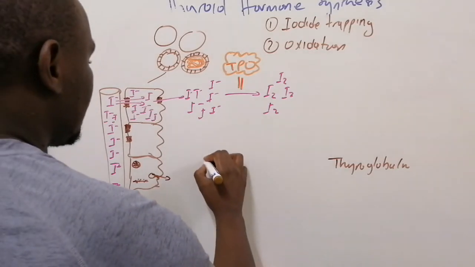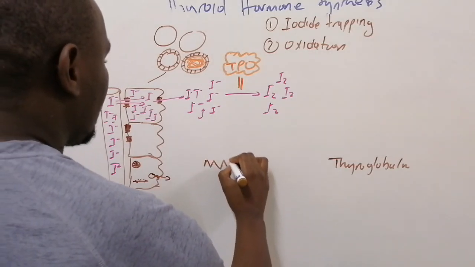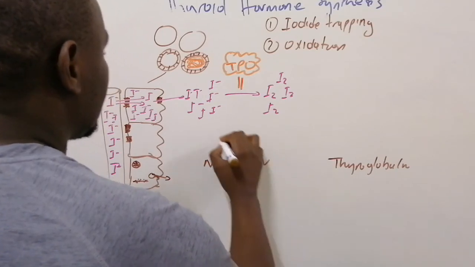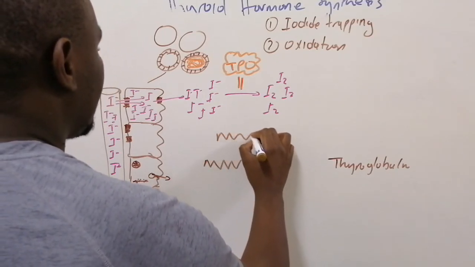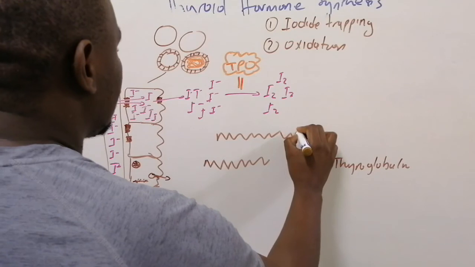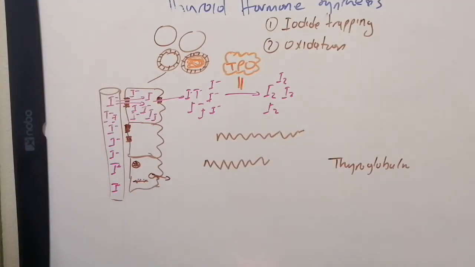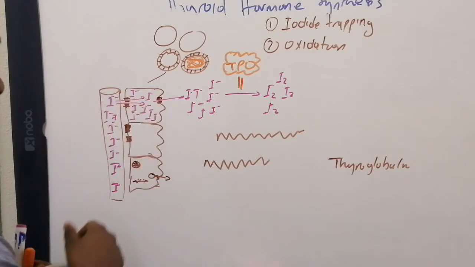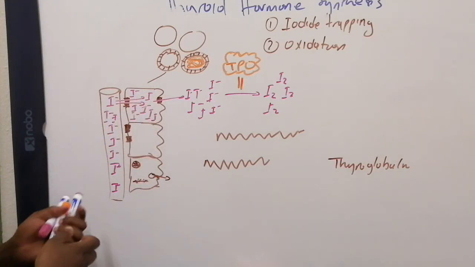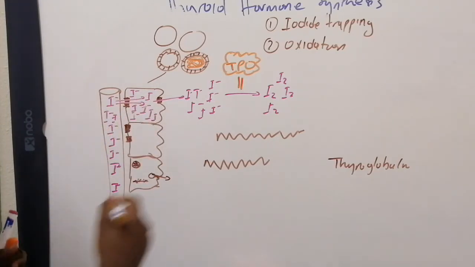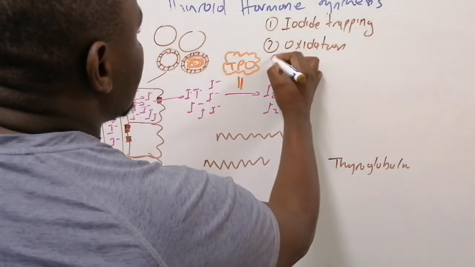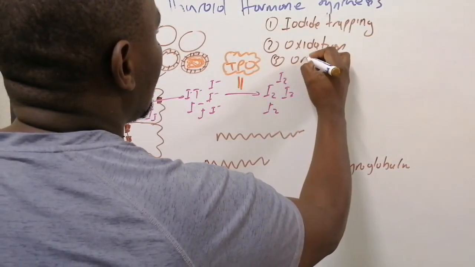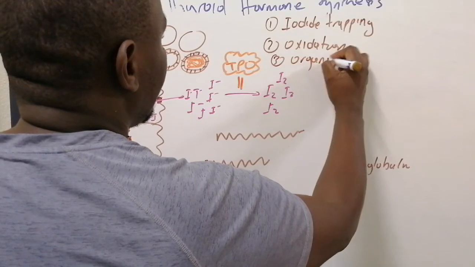So I'm gonna draw this thyroglobulin like that. That's our thyroglobulin, right? Millions of them are being produced. So they are sitting and waiting for the iodine there. So the third step is going to be organification.